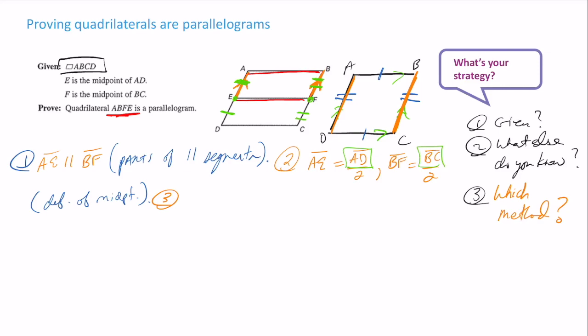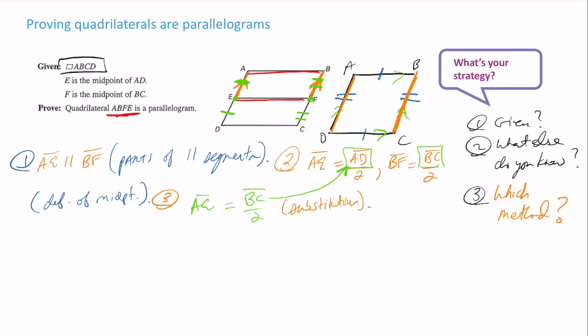So I could replace one for the other. Either one is fine. But I'm going to rewrite this now as this. I'm going to write that AE equals BC over 2, right? All I did was I substituted BC in for AD because I know that they're congruent. So my reason is substitution.